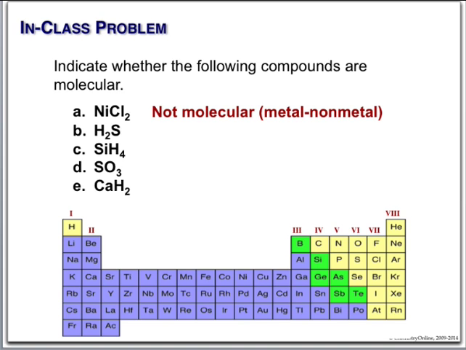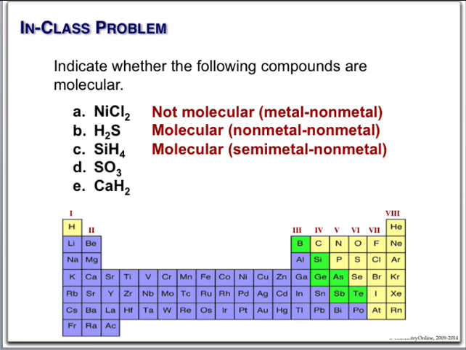Dihydrogen monosulfide, commonly known as hydrogen sulfide. It's the stinky stuff in well water. Hydrogen is a nonmetal, sulfur is a nonmetal. This is a molecular compound. Silicon tetrahydride. Silicon is a semimetal. Hydrogen is a nonmetal.